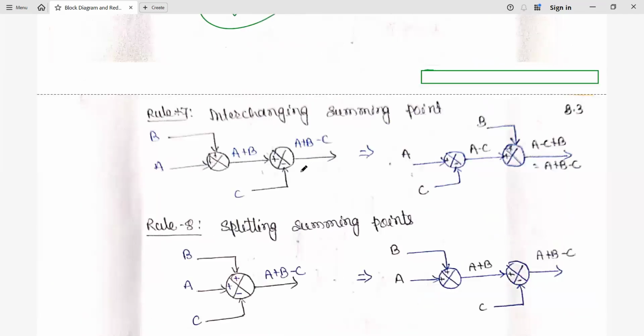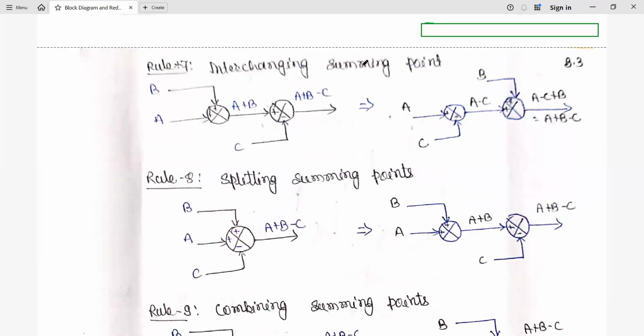In case of the next rule, it is saying interchanging the summing points. When we have two summing points, we are trying to interchange them. When we interchange, just their positions are changed. Here we have plus plus, and here it is plus minus. This summing point came here and this summing point has come here.